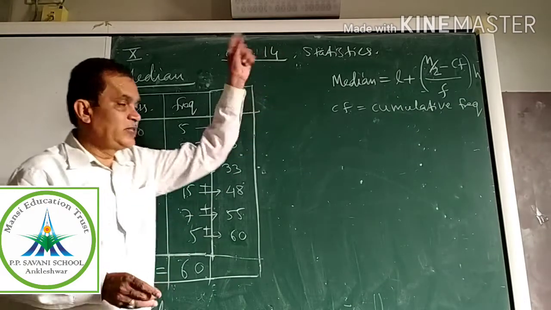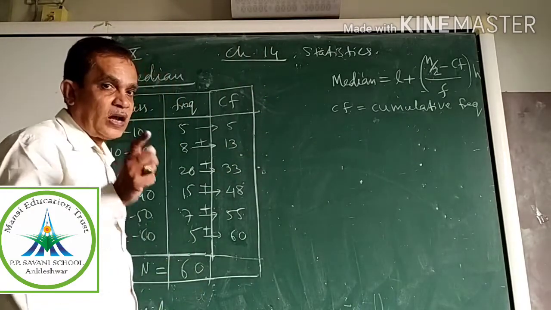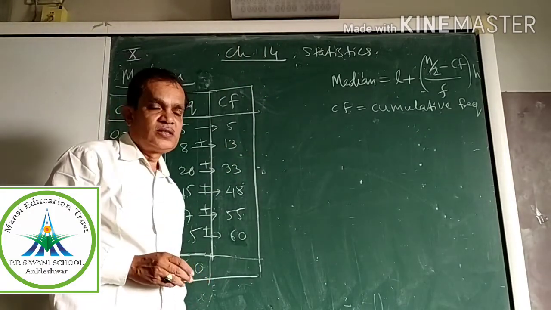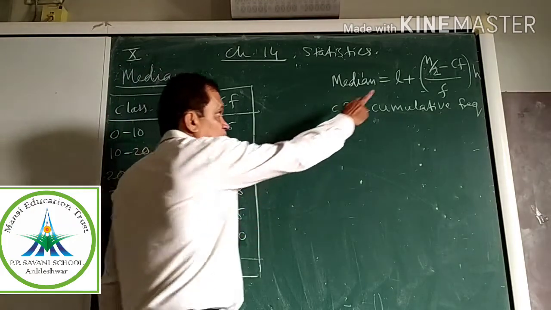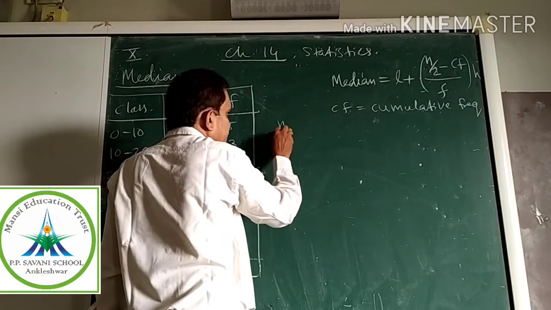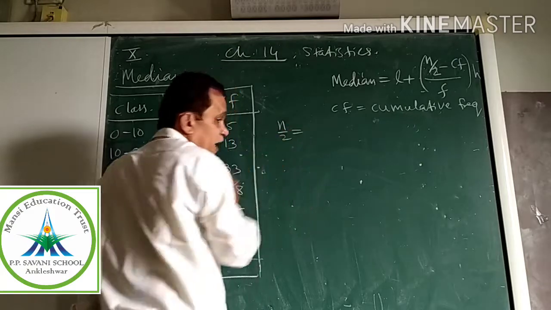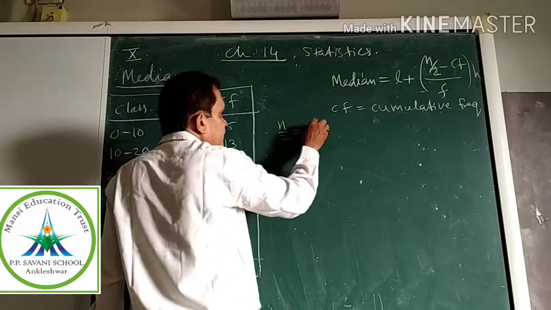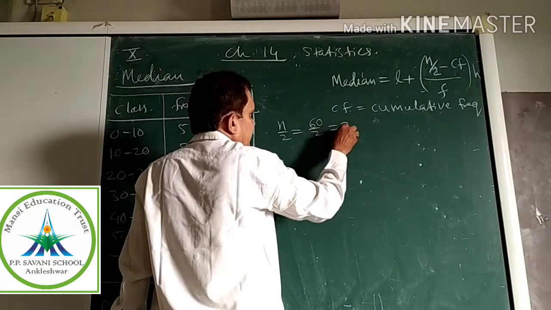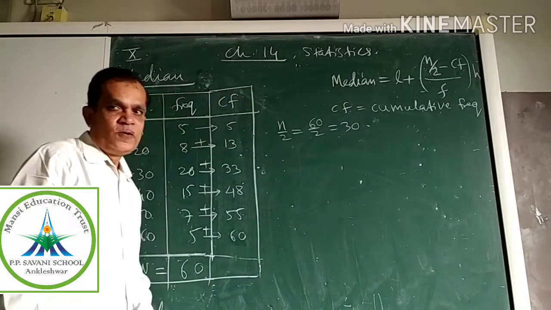Okay, now come to the example. We are now finding the median class. First of all, we find N by 2. N is 60, so 60 upon 2 is 30.